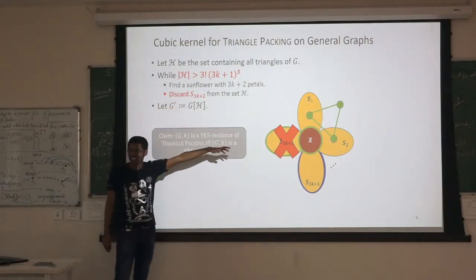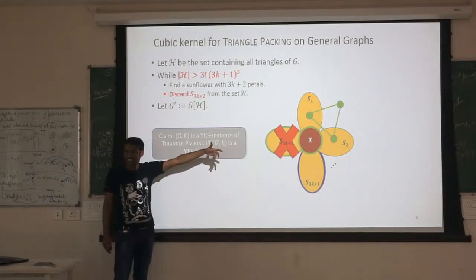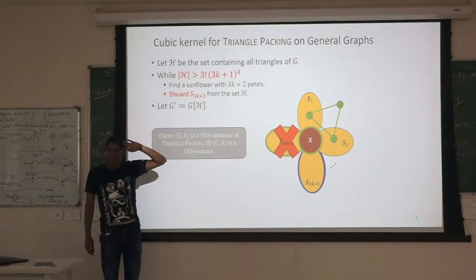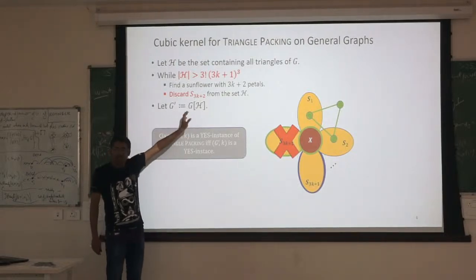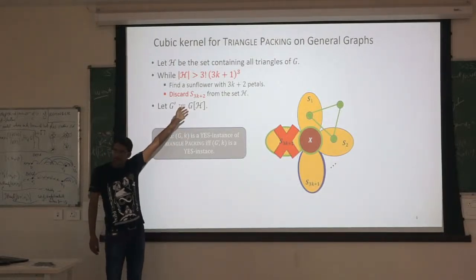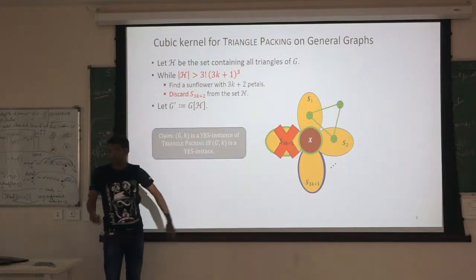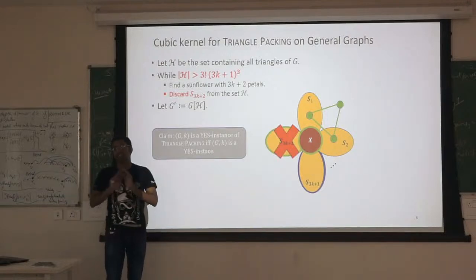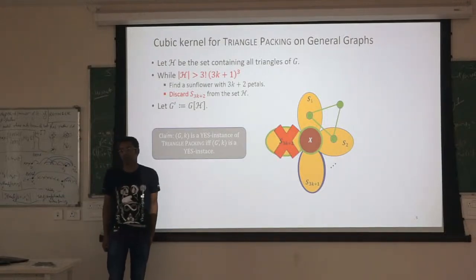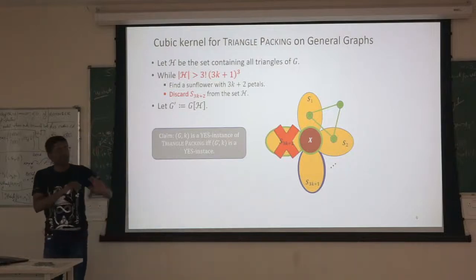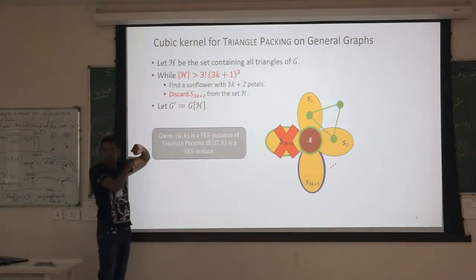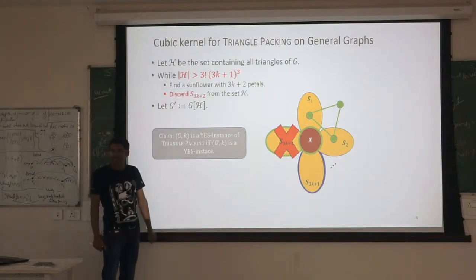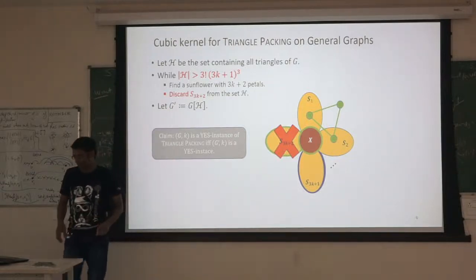So in some sense it is just an existential proof saying that if you had a yes instance of the problem, then you still have a yes instance of the problem. It's up to you how you come up with the solution. I am just guaranteeing that this is a yes instance. So if you know how to find it in the original graph, you also know how to find it in the reduced graph. But now the reduced graph is quite small. But the reduction should not depend on the solution of the original.